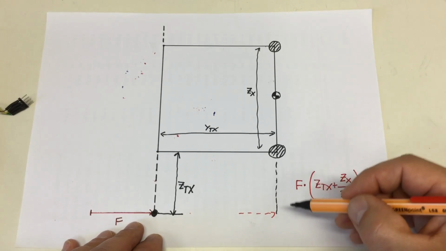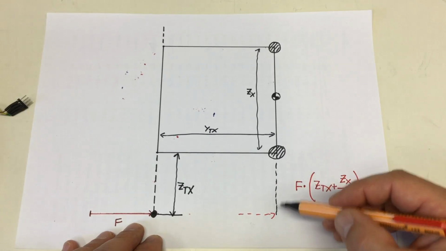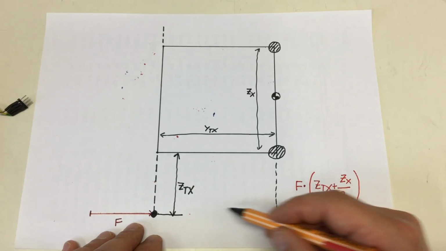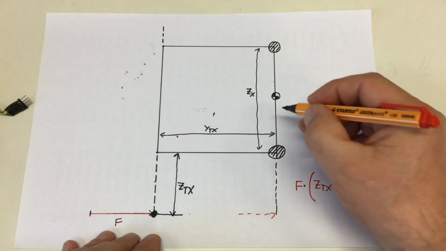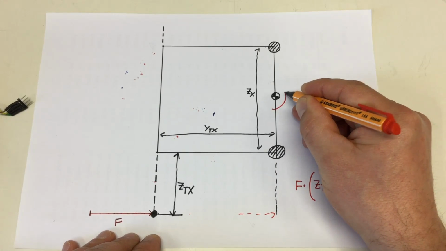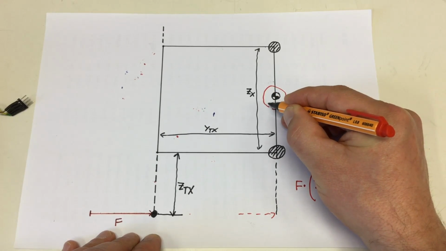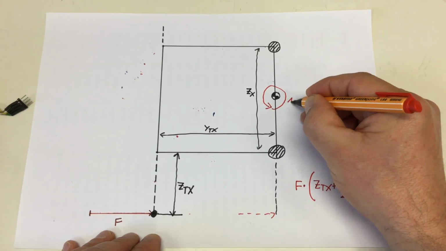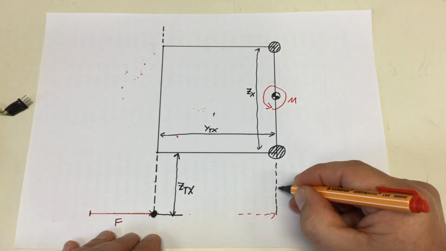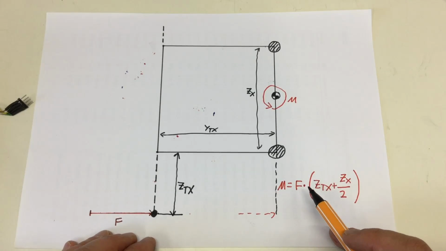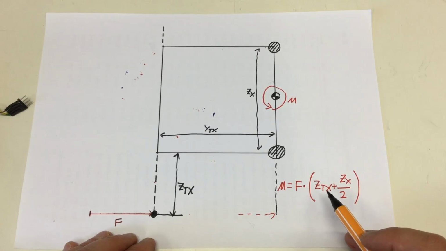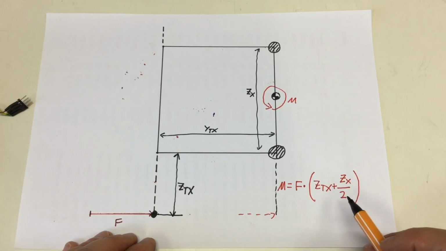Remember, momentum is simply the lever you have around the point of rotation times the force, and it tries to rotate the whole thing this way around, and this will be our momentum. So our momentum is F times ZTX plus ZX over 2.